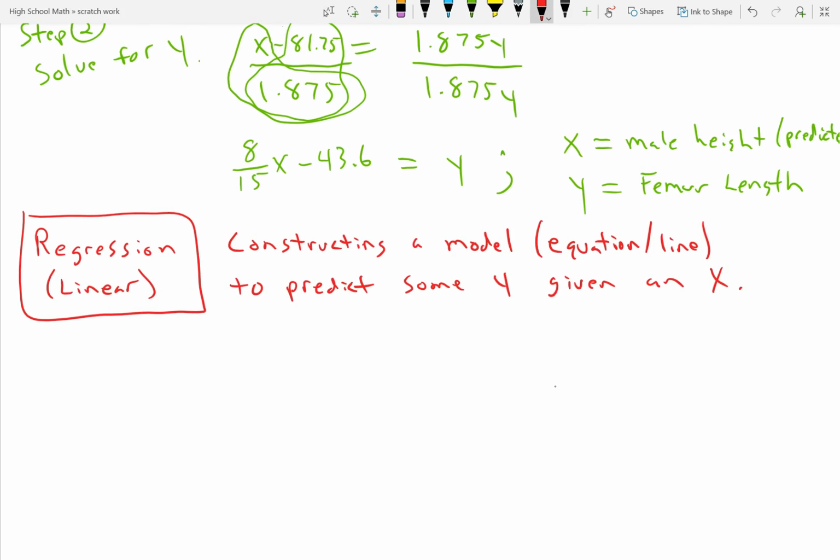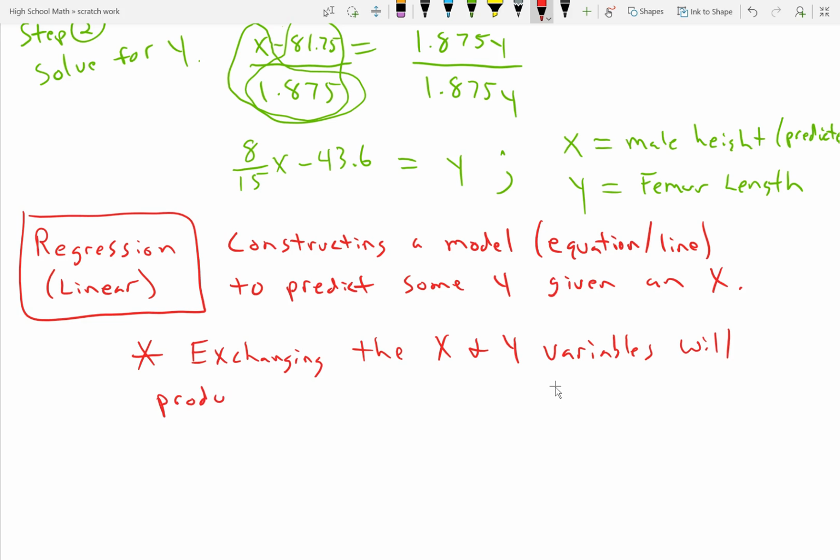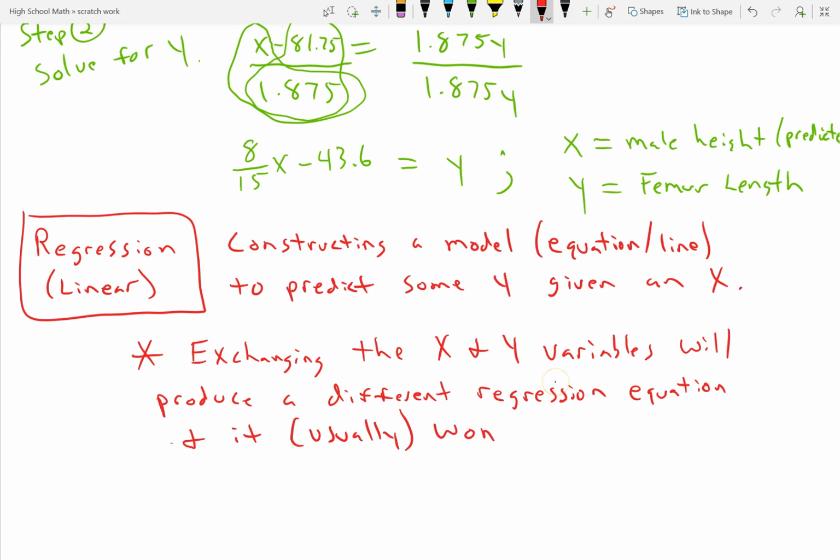An important note as it relates to inverses: exchanging the x and y variables will produce a different regression equation, and it usually won't be equal to the algebraic inverse. The only time they will be equal is in the very unlikely event that the points are in a perfectly straight line, which almost never happens with actual data.